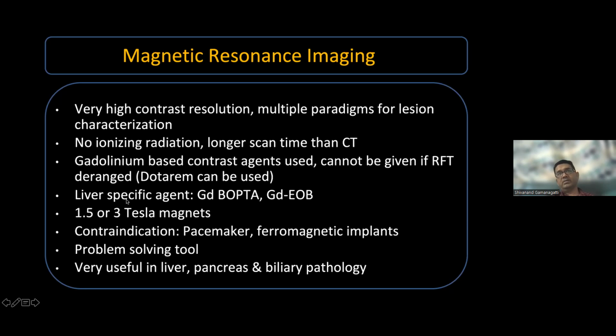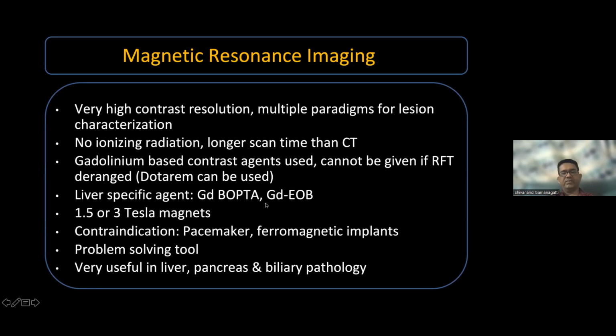Like in ultrasound, in MR we have a hepatocyte specific contrast agent like gadolinium BOPTA that is available in India. Another one is gadolinium EOB, or gadoxetic acid, or Eovist. This gadolinium EOB is not available in India.